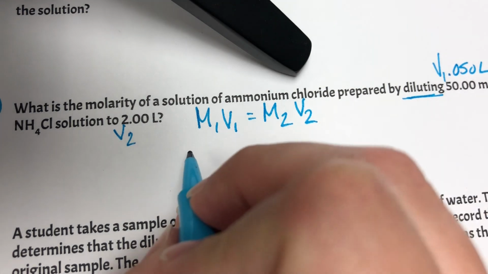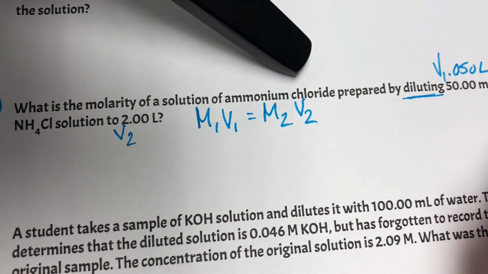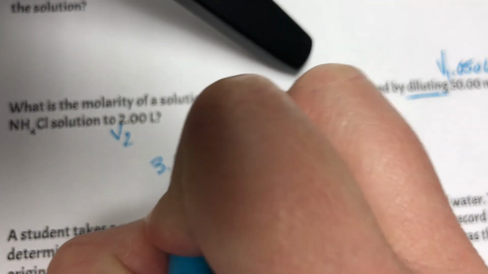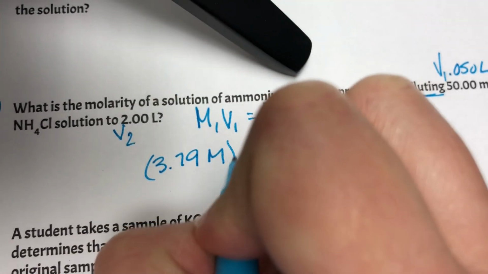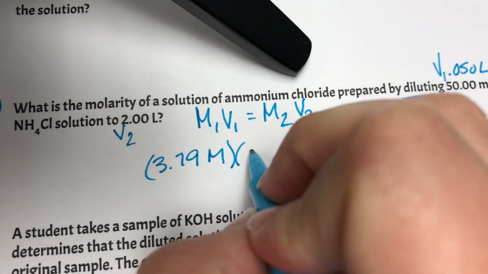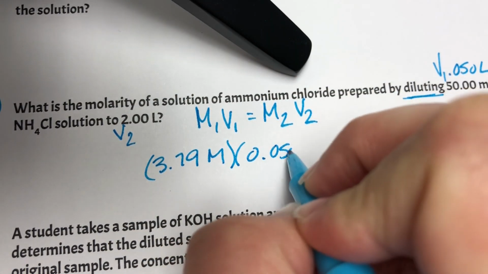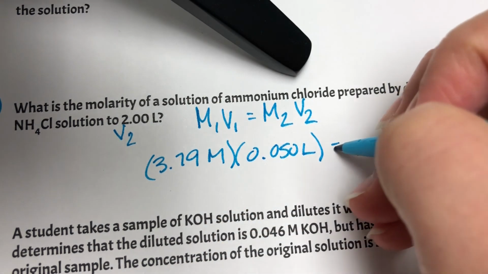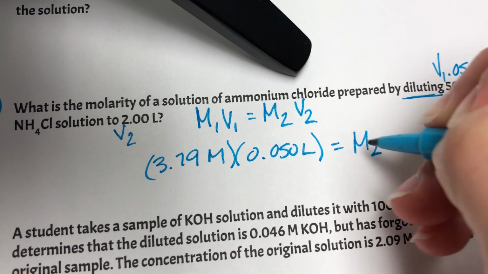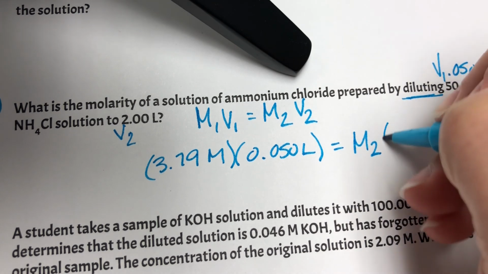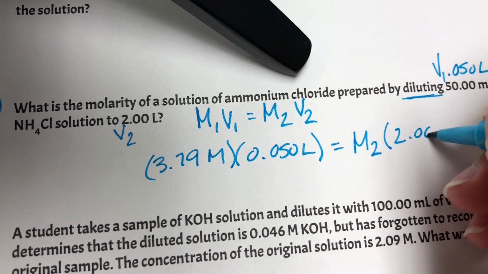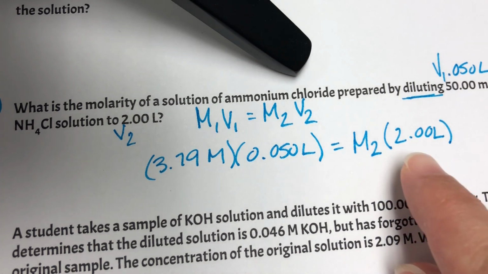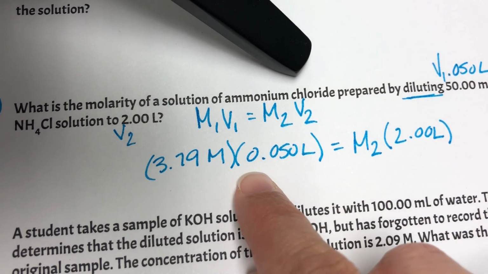Okay, so I'm going to figure out what's the molarity of my new solution. I start with an initial molarity of 3.79 molar, and I have 0.05 liters. That is going to be equal to the new molarity times 2 liters. So I'm just going to divide 2 to the other side.